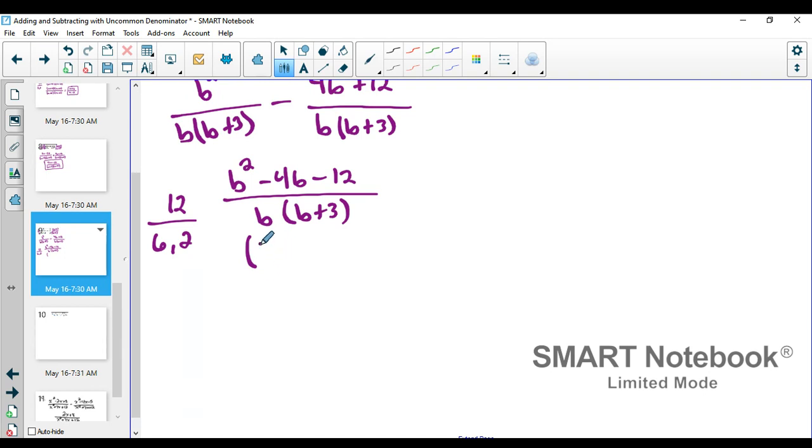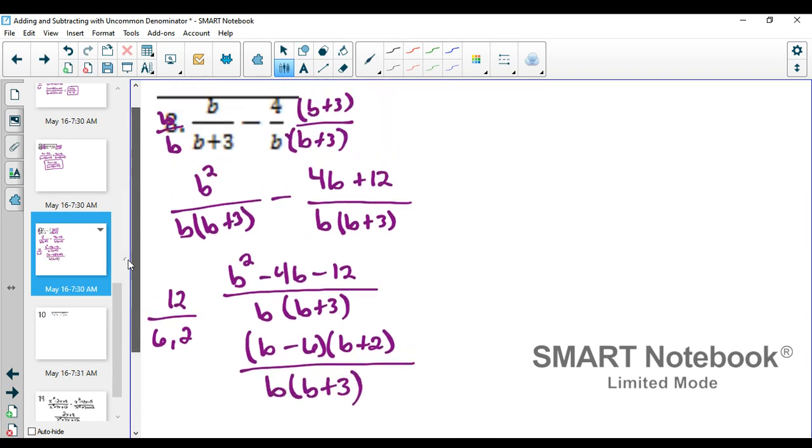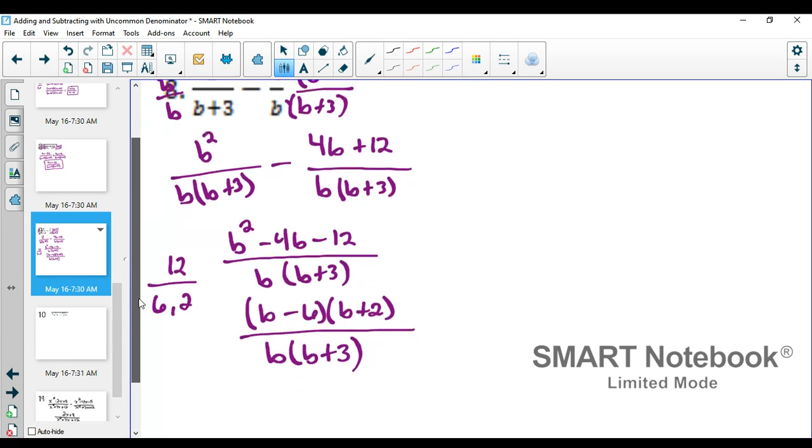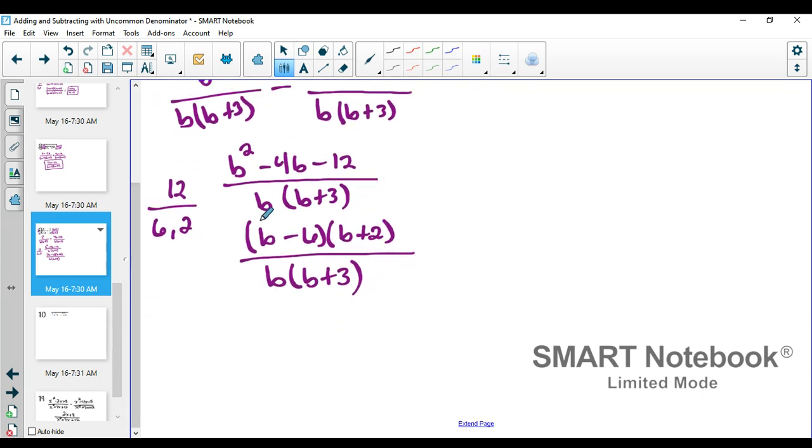So we have b minus 6 and b plus 2 all over b and b plus 3. Just double checking. Thought that was going to simplify more, but it doesn't. And so this is our answer. That is the final.